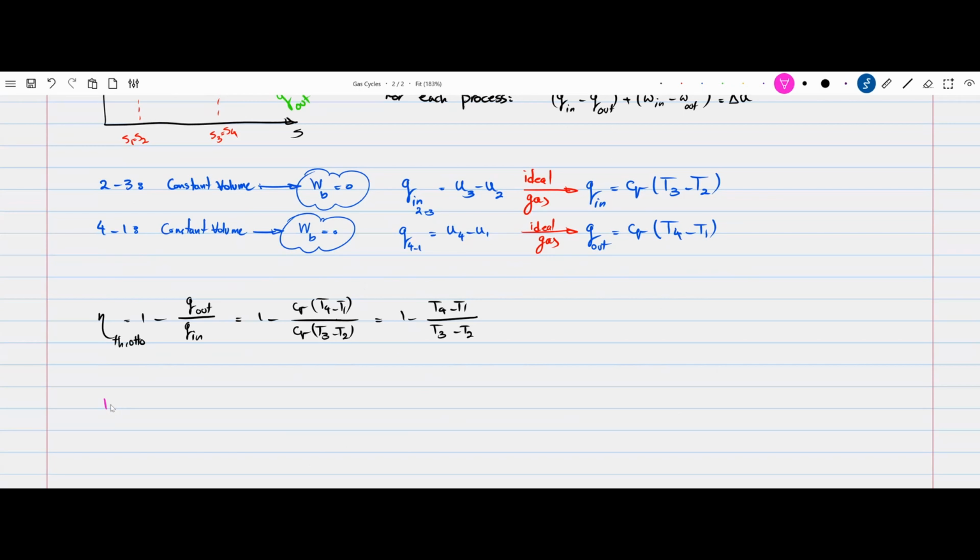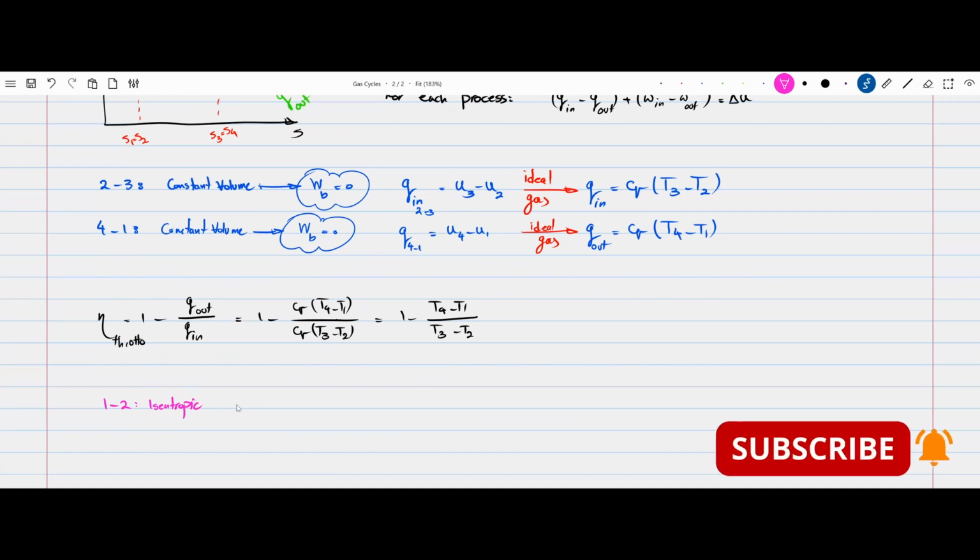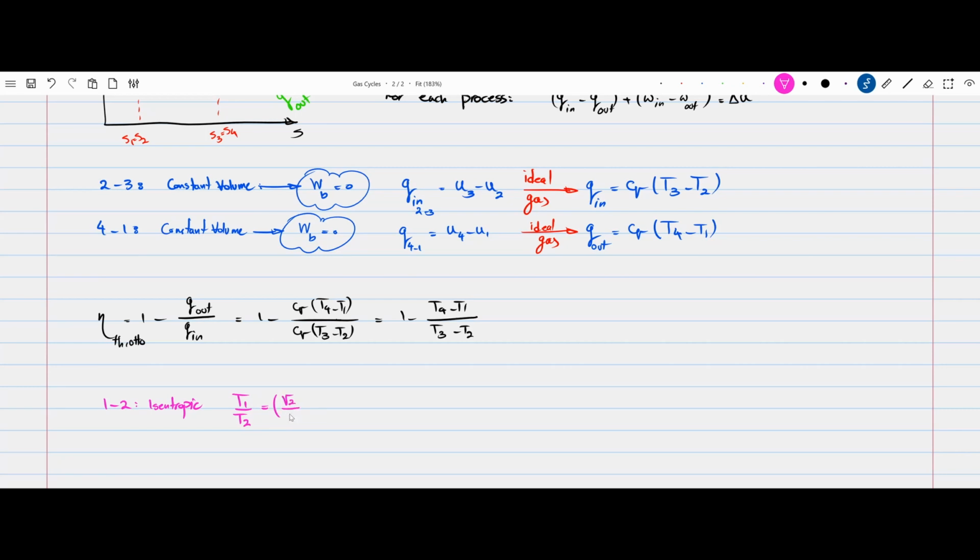Starting with 1 to 2, it is an isentropic process. We know that for an isentropic process, T1 over T2 is equal to (V2 over V1) raised to K minus 1, K being the ratio of specific heats.